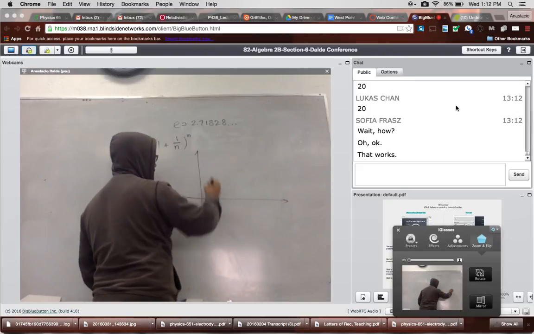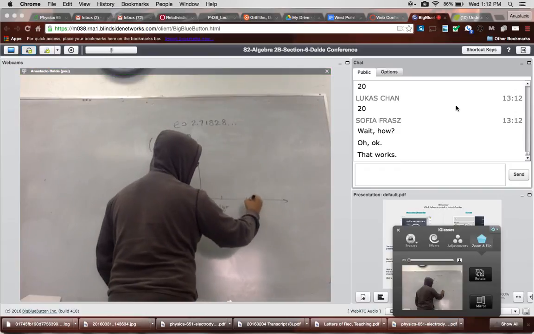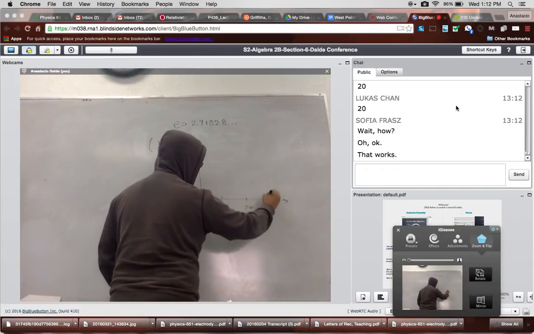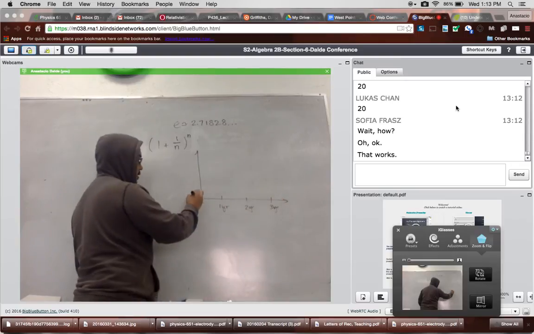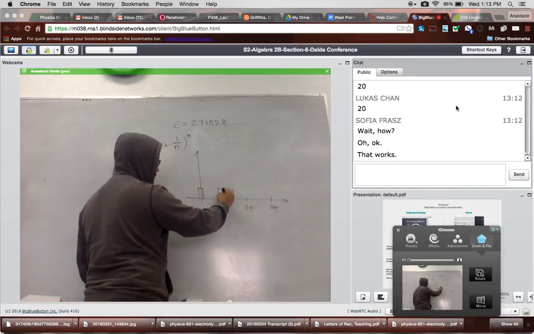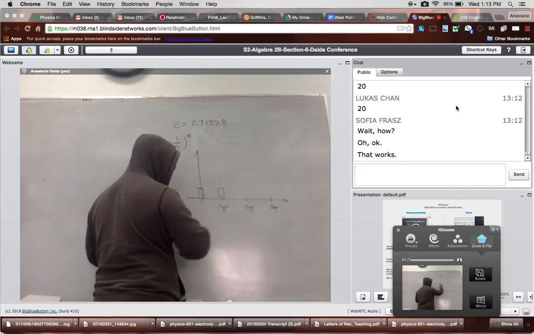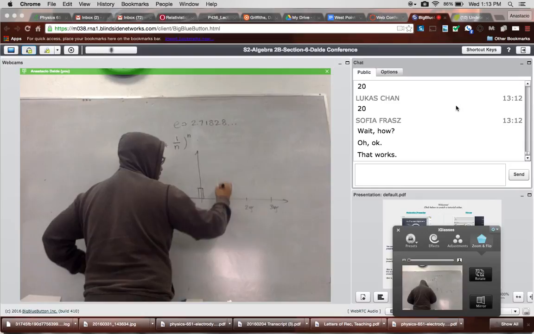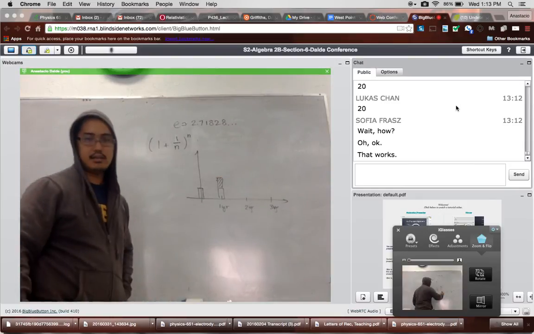So we've got this 1 year, 2 years, 3 years. Say I start off with this amount of money right here, and then after 1 year, I'm going to evaluate it immediately. And it's going to double. Like that. Cool?